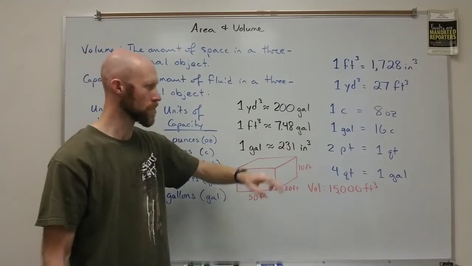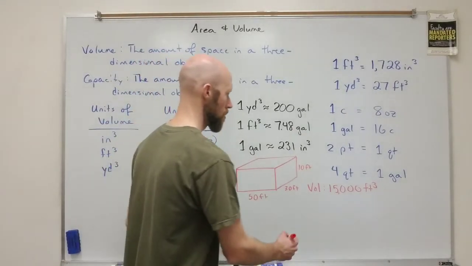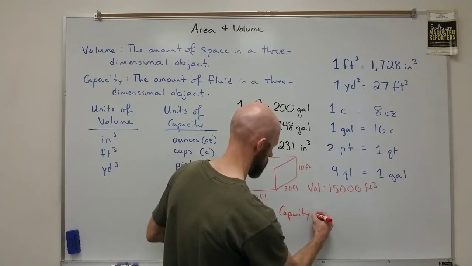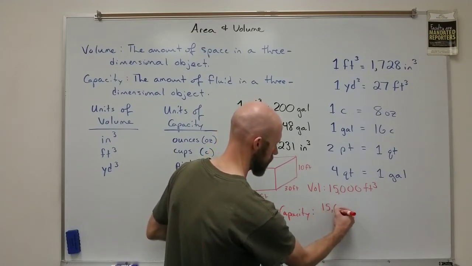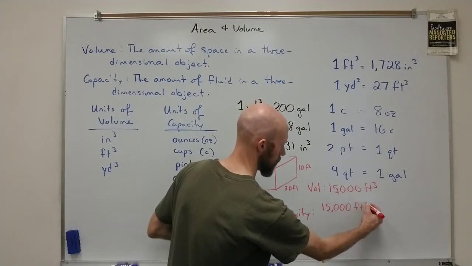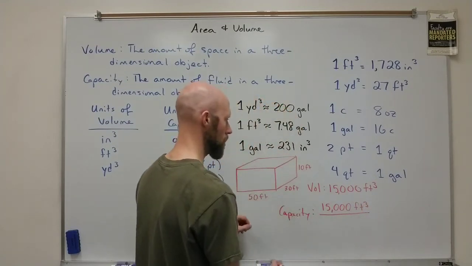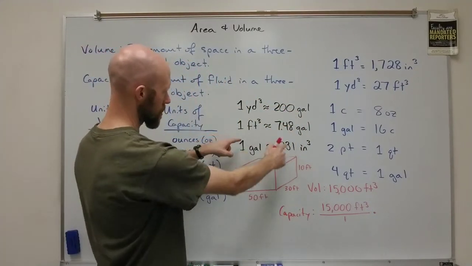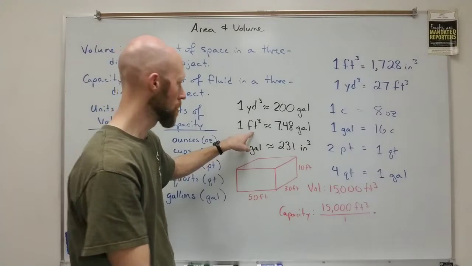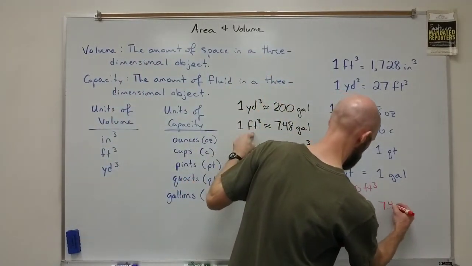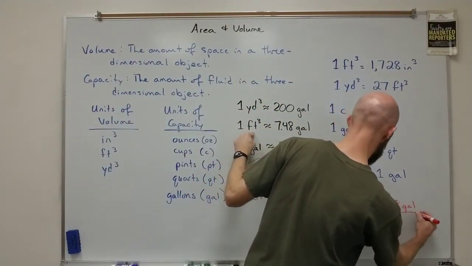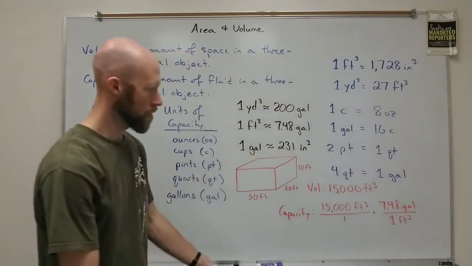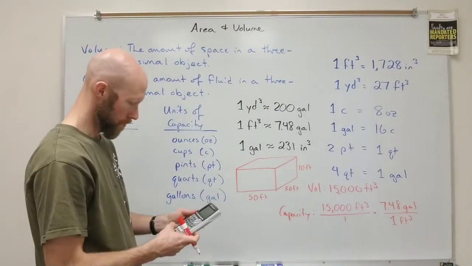If 1 cubic foot is 7.48 gallons, then for capacity we're going to do a dimensional analysis problem. 15,000 cubic feet over 1 times, now I want gallons on top, cubic feet on the bottom to cancel, so it's 7.48 gallons in 1 cubic foot.